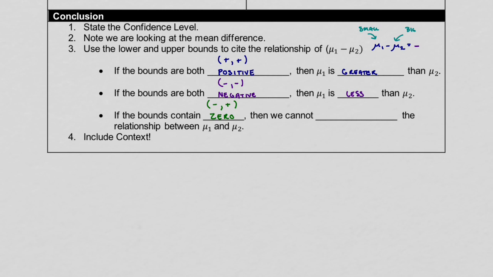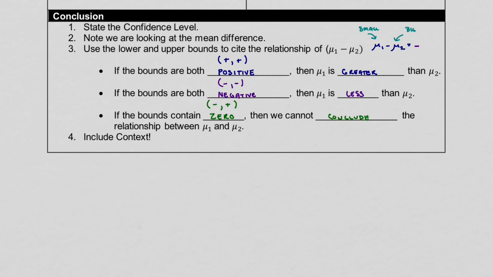So if the bounds contain 0, we cannot conclude the relationship between mu1 and mu2 because essentially, you're giving your audience all three options in that interval. You're saying, because you have negative numbers in there, because you don't really know where the true average difference or mean difference is, if it's negative, that means mu1 is less than mu2.